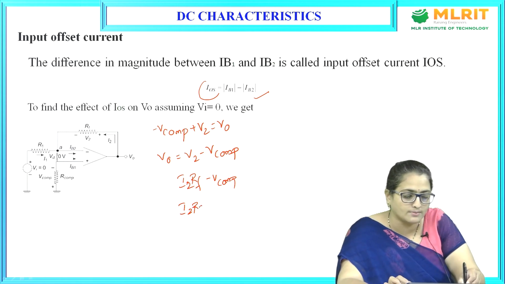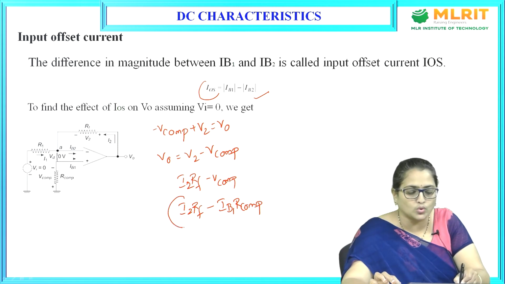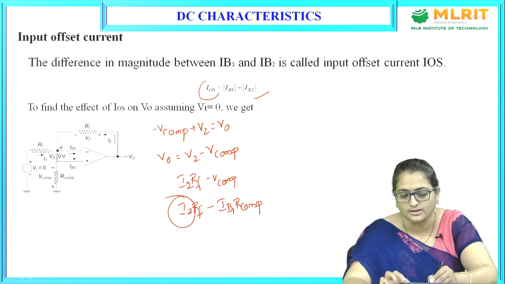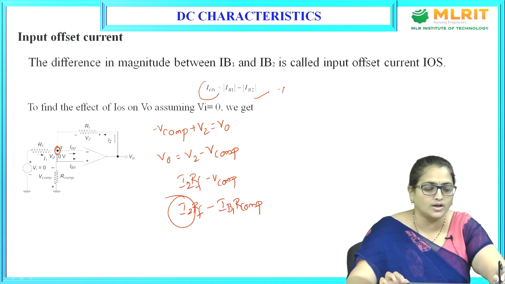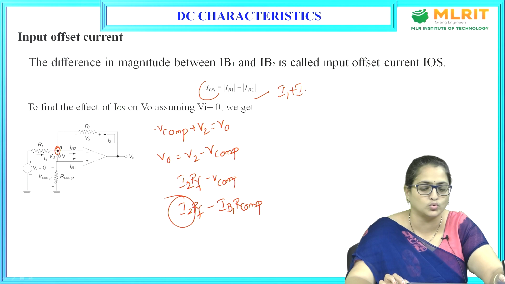So, V0 can be given as I2 RF minus V compensator, which can be given as IB1 into R compensator. Now, we need to know what is I2. So, to determine I2, I am applying a KCL across this. So, KCL across this: I1 plus I2 is equal to IB2.